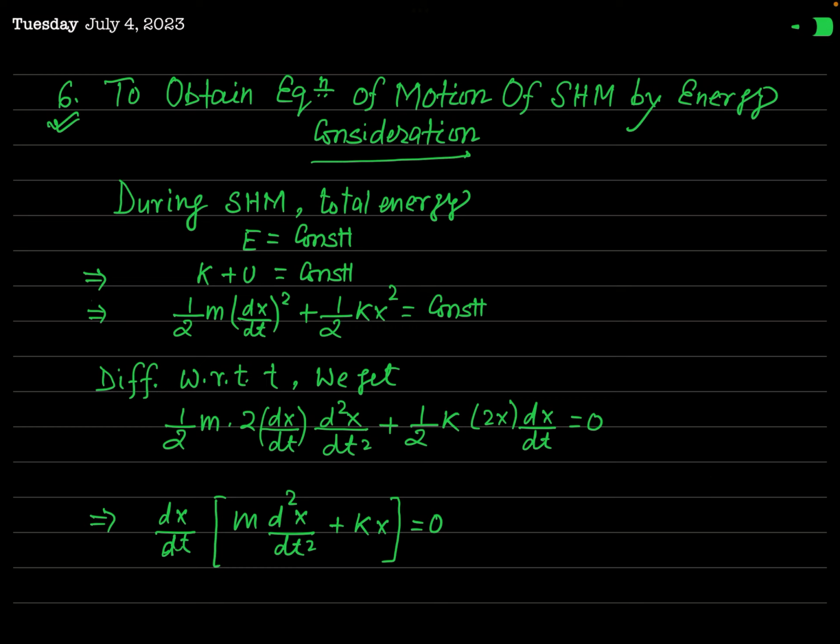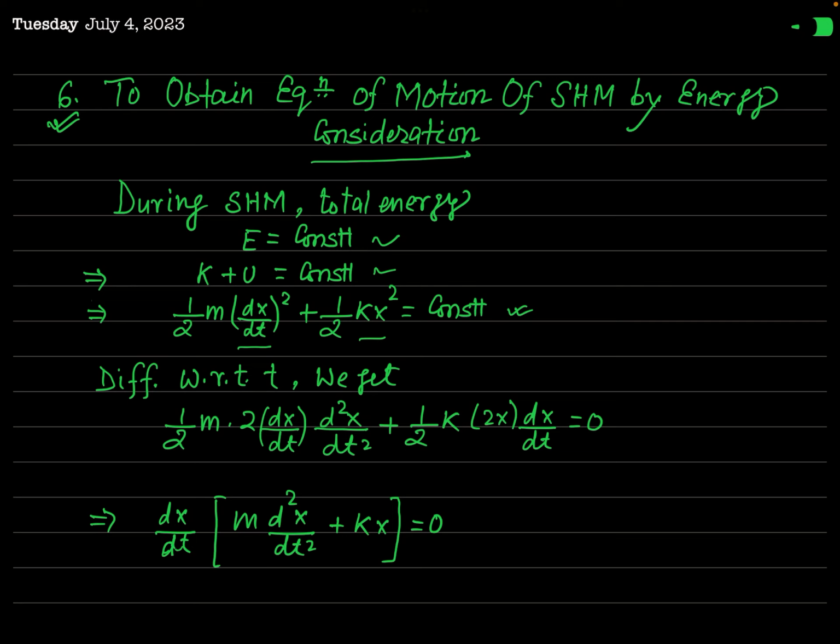As you know, in simple harmonic motion, the total energy of the oscillator remains constant. So I have written here E is equal to constant, but E is K plus U, and that will be constant. Now in general, K is half mv square, and in place of v I have written dx by dt, and U is equal to half kx square. So this is the general expression for energy.